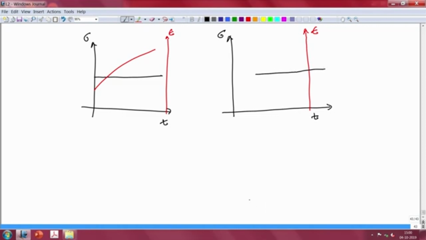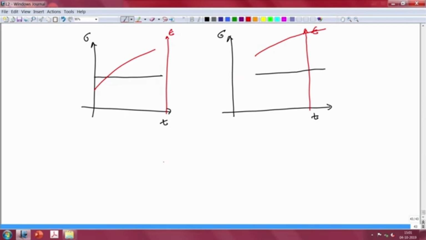He applies the same step stress test, but for him the graph is different. See, the y intercept in the two cases has changed.